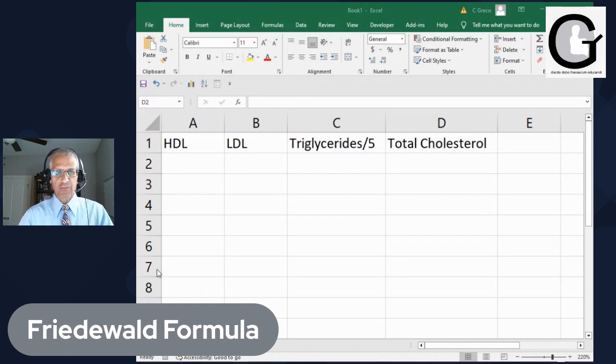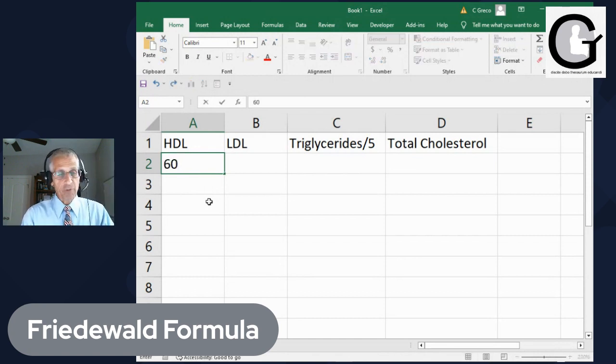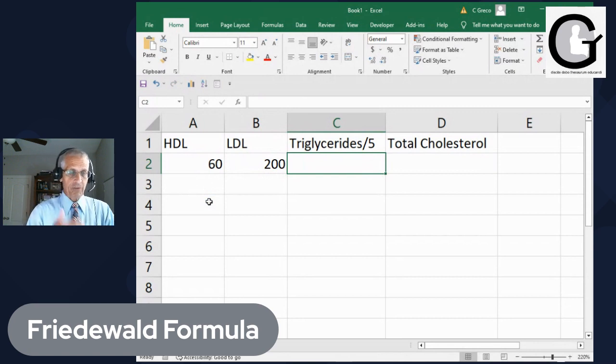So let's take a look at this just for a second. Let's say you have an HDL, and let's pick a good HDL, so 60. Your LDL is not going to be all that great, about 200. And your triglycerides, that's a separate measure, triglycerides over 5. So basically you take the triglycerides and divide that by 5.